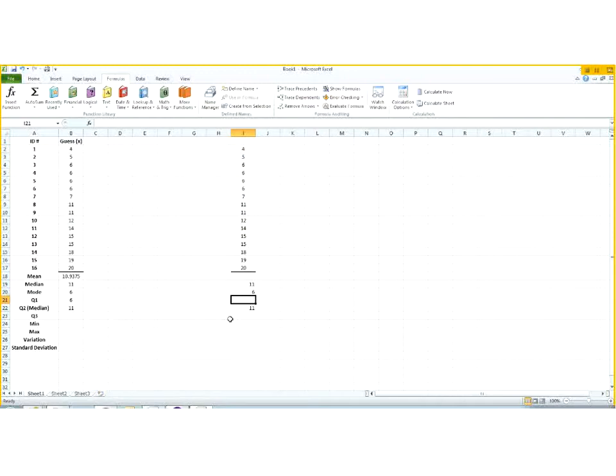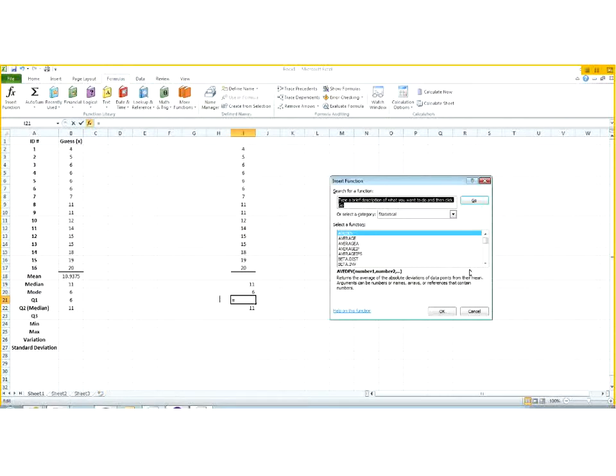So I'm going to click on my quartile 1. I'm going to click Insert Function. And then I want to find the mode, so I'm going to make sure I'm under Statistical Category, go down to Mode. Excuse me, not Mode, Median. I'm sorry. We're going to go to Median and click on Median. And then I'm going to say OK.